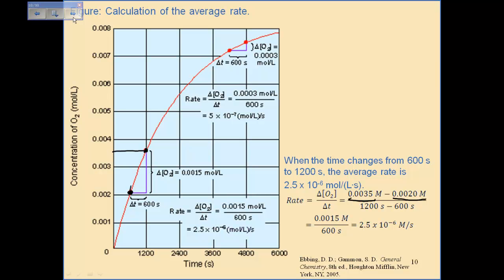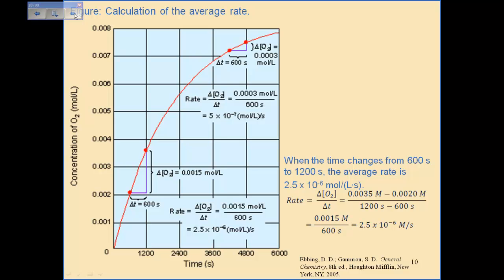If I calculate my rate, which is change in concentration of O2 over change in time, I'll get 0.0035 molarity minus 0.0020 molarity divided by my change in time, which is 1200 seconds minus 600 seconds, which gets me 2.5 times 10 to the minus 6 molarity per second. That is the rate over that period of time.